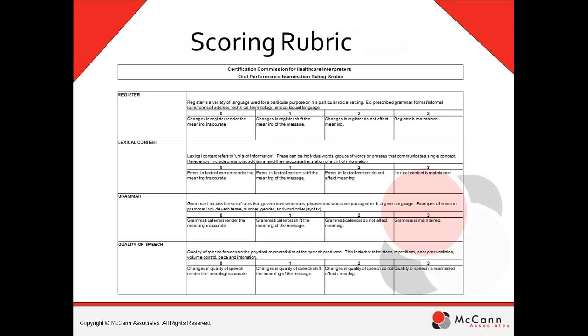Now, the scoring rubric, if you review these things, for each of these four domains, namely the register, lexical content, grammar, and the quality of speech, you have the descriptors associated with each of these four score points, 0, 1, 2, and 3. Basically, this is one of the most important aspects where the anchor rating comes into the picture.